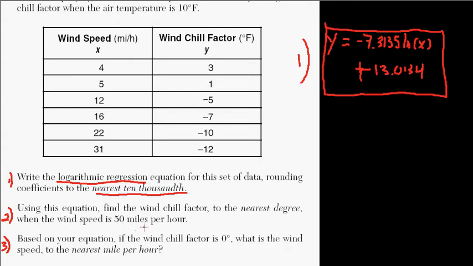Now it says, using this equation, find the wind chill factor to the nearest degree when the wind speed is 50 miles per hour.